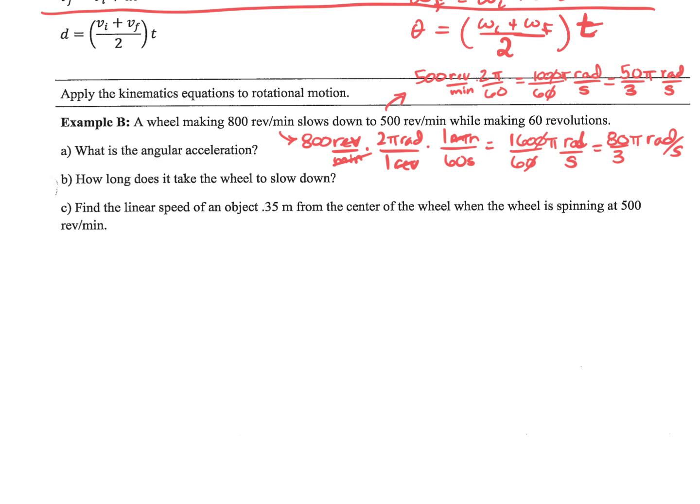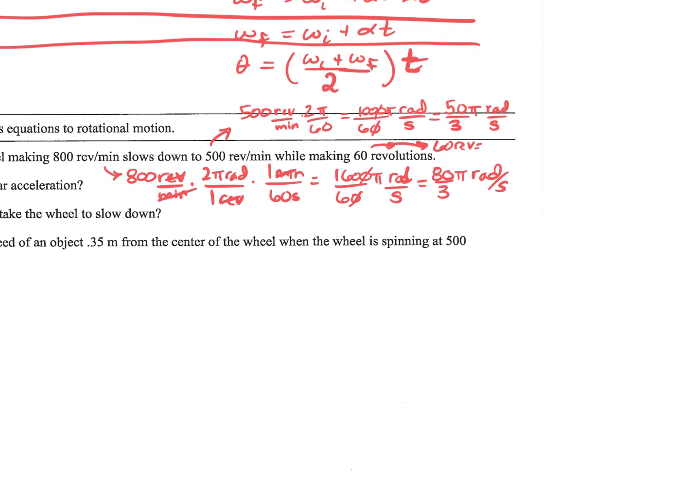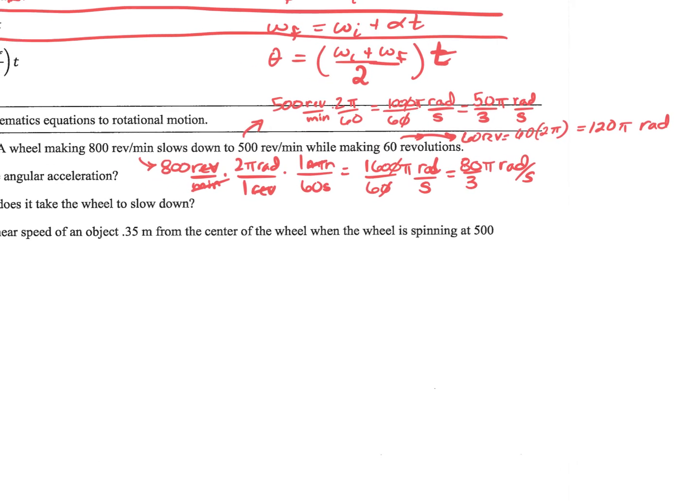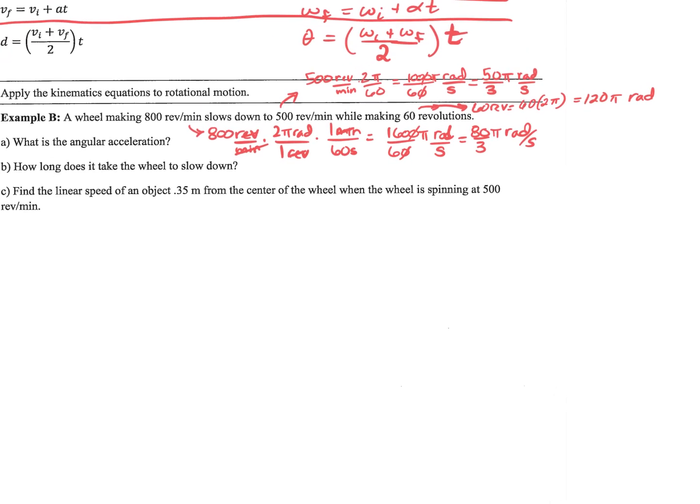And look, here's the problem. We got 60 revolutions also. So 60 revolutions is what? 2 pi radians per revolution, 60 times 2 pi, 120 pi radians. Okay? So now we've got everything we need here.